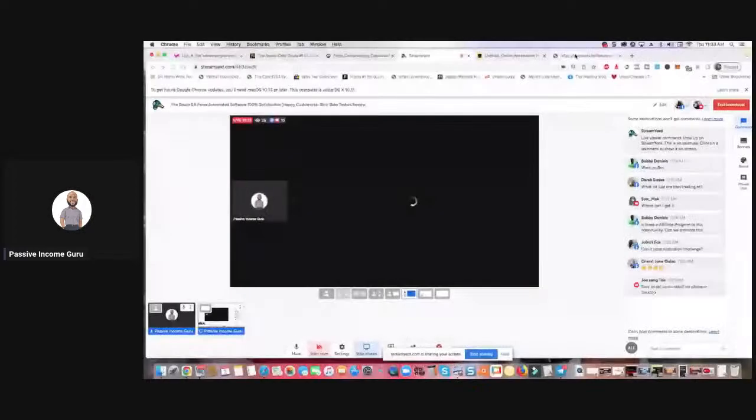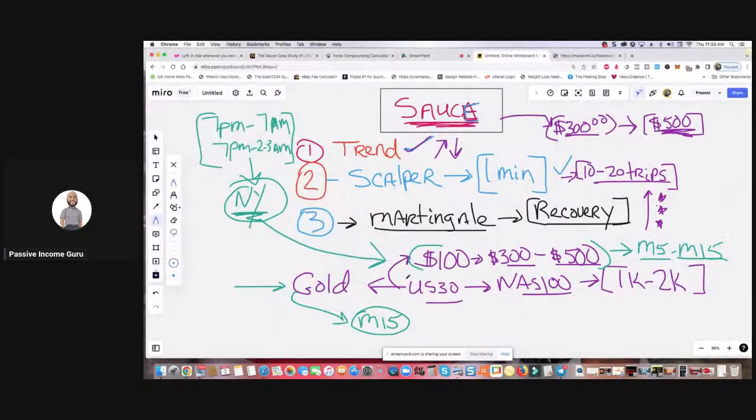The stipulation is, let me share my screen again. Let me show you. All these prop firms have strict rules, right? So here's what you want to check before you decide to put this software on a prop firm.